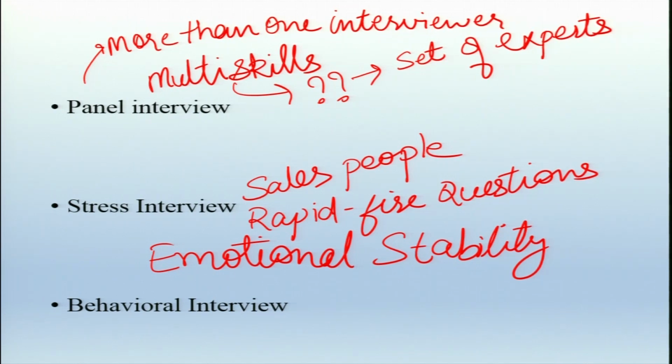So, just to check all these skills, whether a person is a cool headed, calm person, or he or she is an aggressive person who is going to abuse people back if they are again under some pressure situation. So, that is the basic objective of a stress interview, to check one's emotional stability skills, right.